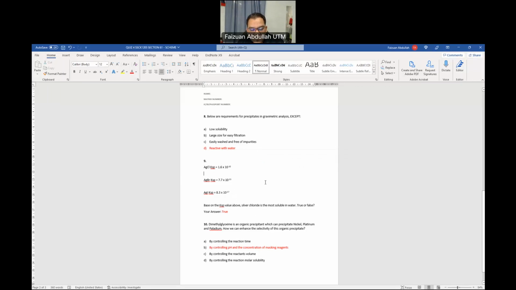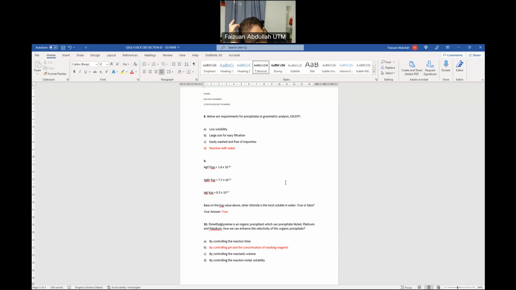The rule is, the lower the value of Ksp, the less soluble the compound. Because what is the value of Ksp? We need to multiply the concentrations of both ions. For example, for AgCl, we multiply the concentrations of Ag and Cl, so we get the Q value, and the Q value at which the precipitate starts to grow is Ksp.